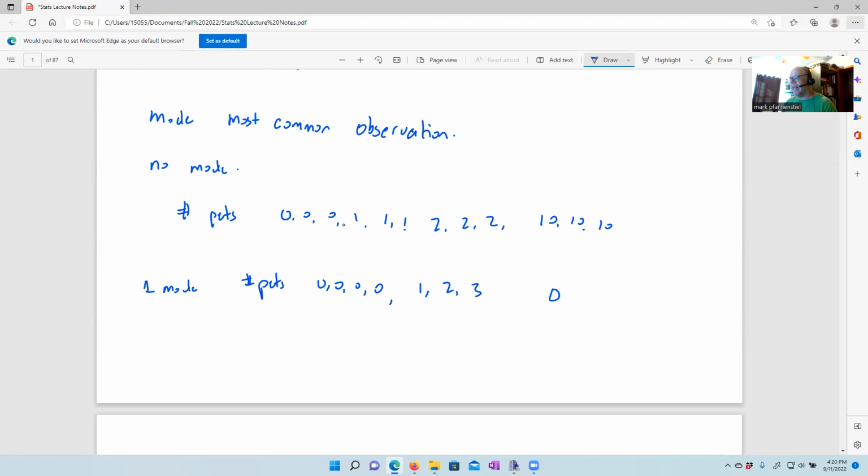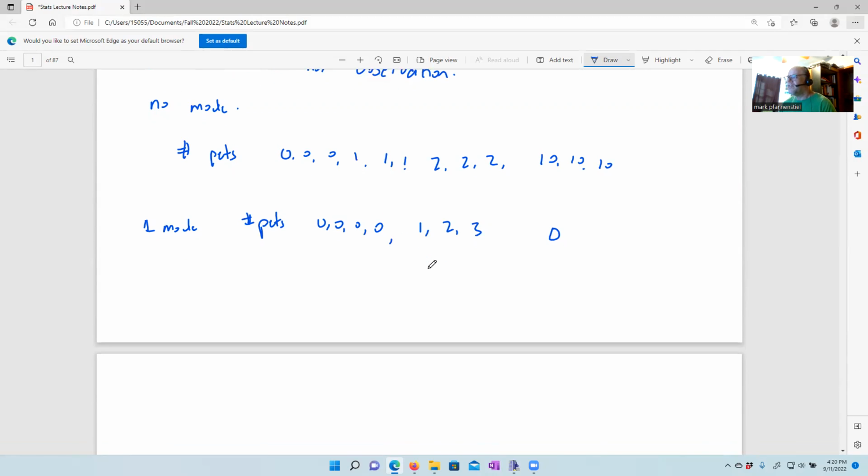So in the previous case, there were several numbers that appeared more than once. In this case, we have one number that appears more than once. Everything else appears one time. That's fine. So we would have one mode, it would be the 0.